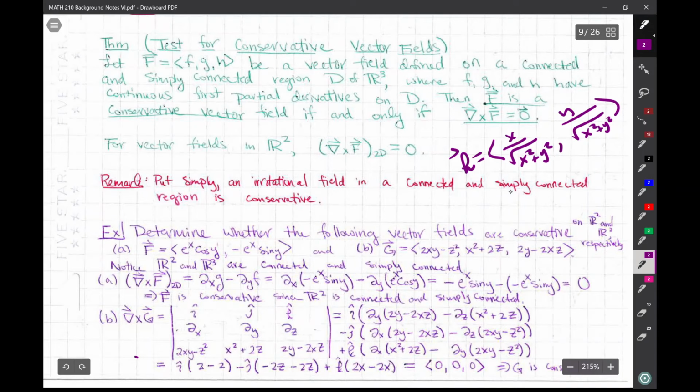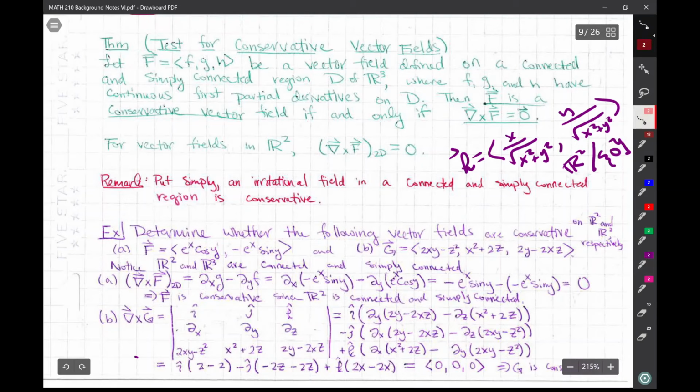Well, if you'll notice, this is dividing by the square root of x squared plus y squared, and so the domain would have to be the plane not including the origin. And so you have a hole right in the middle at the origin.